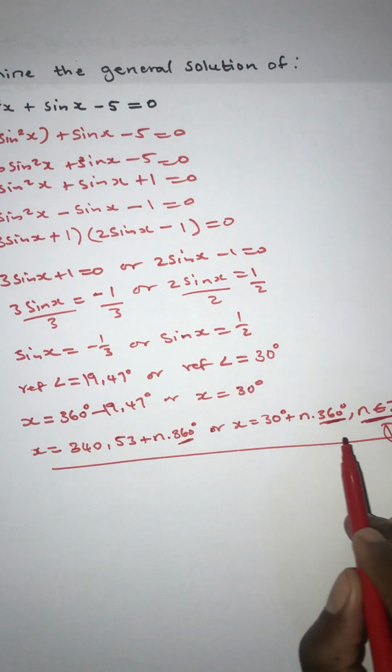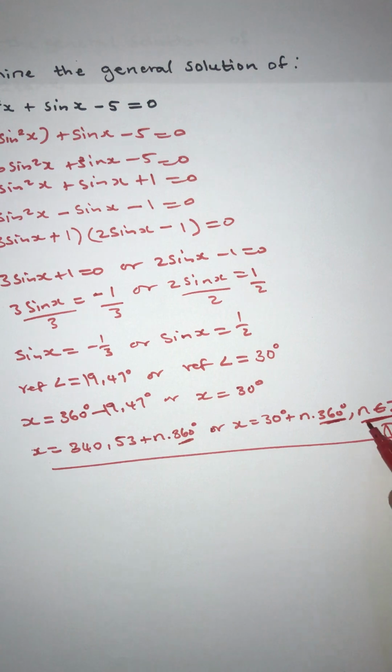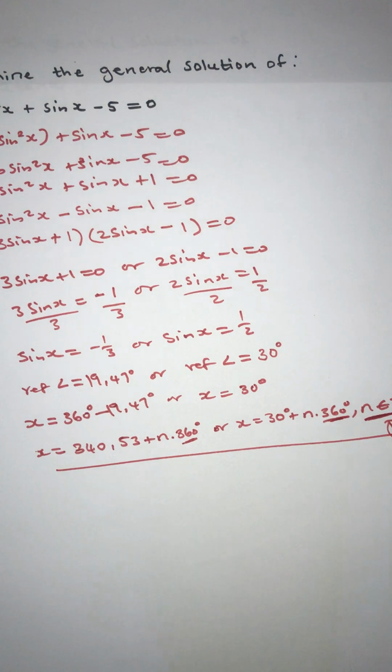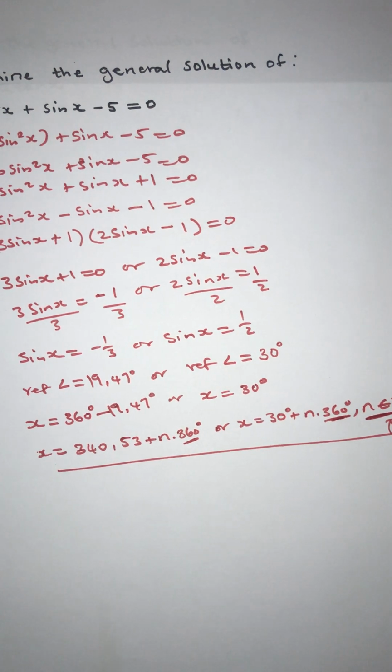Tan always ends up at 180 degrees. At the end you make sure that you indicate that n is an element of integers, or if you use k, it will be an element of integers. Then let's move to the following question.